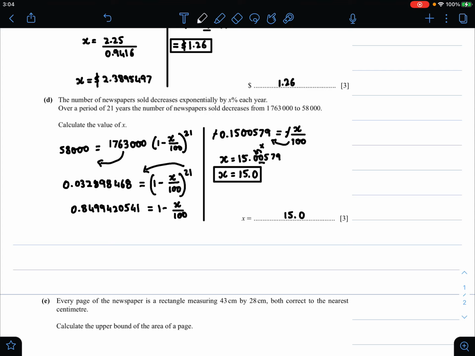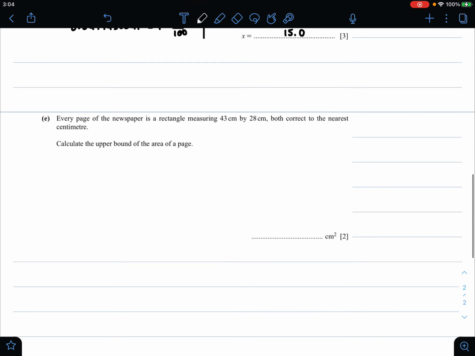So for part E, they are asking you to calculate the upper bound of the area of a page. Now they've told us that the page is rectangular, and it measures 43 centimeters by 28 centimeters, and they have told us that they are both correct to the nearest centimeter.